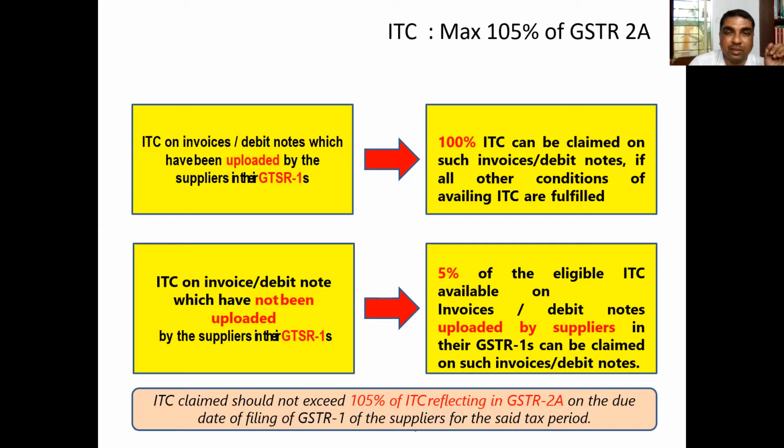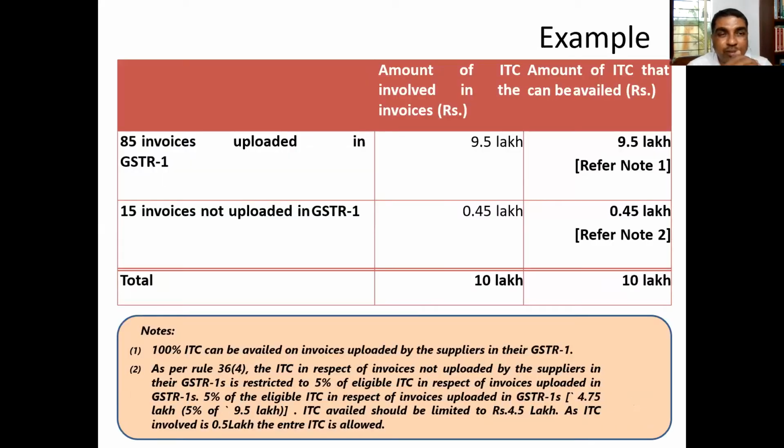I will show you an example. Let us say 85 invoices are uploaded in GSTR 1 and the ITC value is 9.5 lakhs. So far as this 9.5 is concerned, one can have the entire credit. But let us say 15 invoices are not uploaded and their ITC value is 0.45 lakhs.